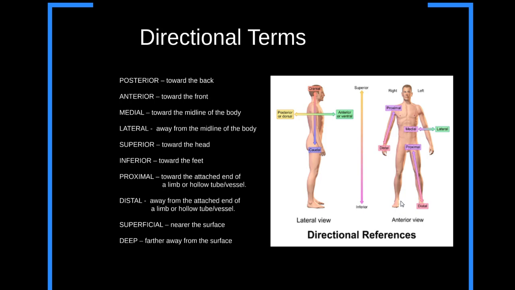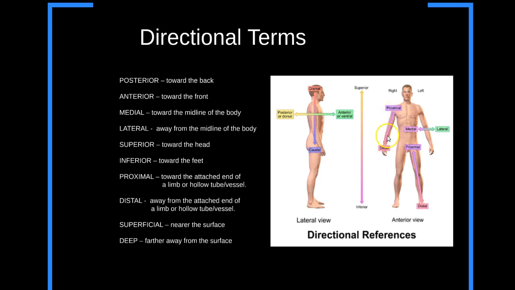The further away something is from the attachment point of the limb, so the attachment point is obviously the shoulder for the arm, the more distal the object becomes. And the further you are away from the hip on this limb here, the more distal the structure becomes. The closer you are to the hip or the shoulder, the more proximal the location of that item is.